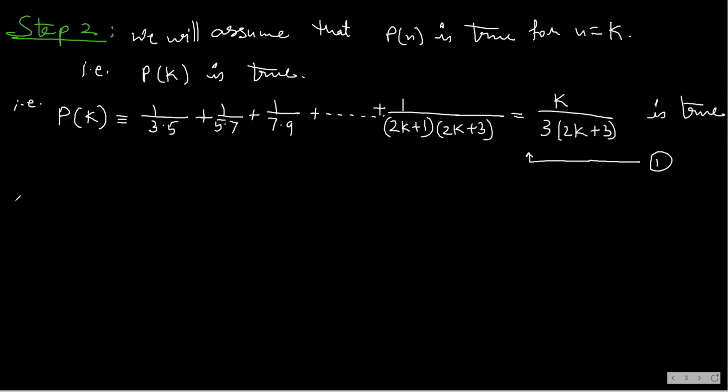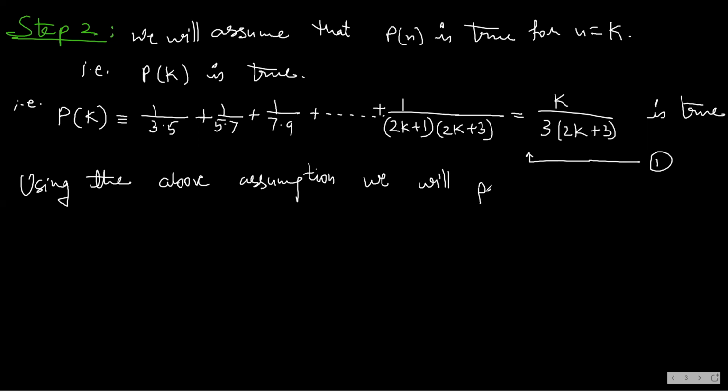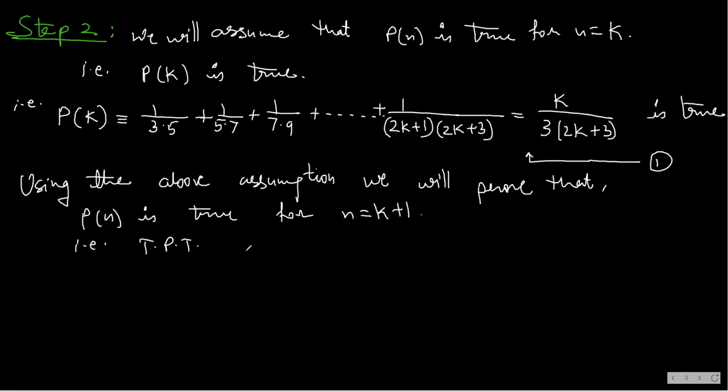So next I write, using the above assumption, we will prove that P of n is true for n equals to k plus 1. That is to prove that P of k plus 1 is true.